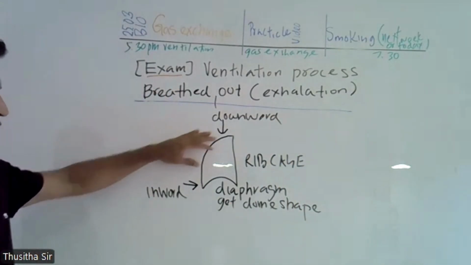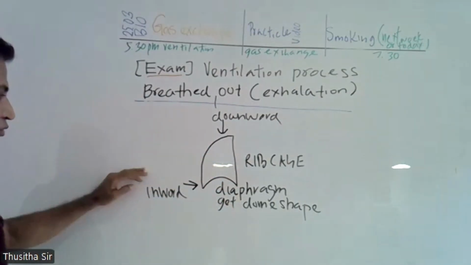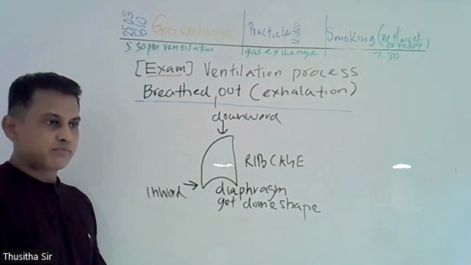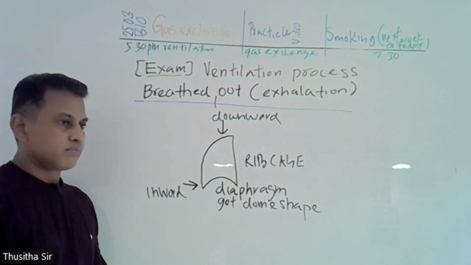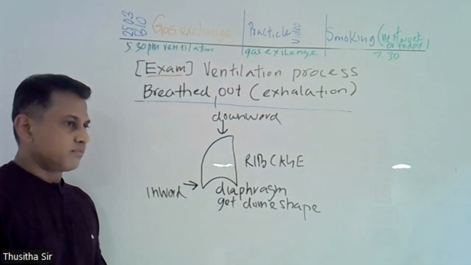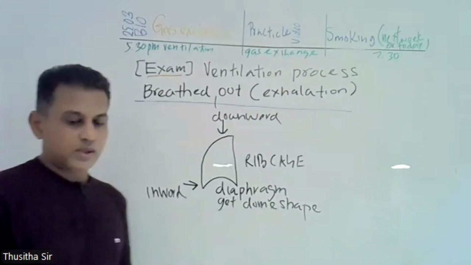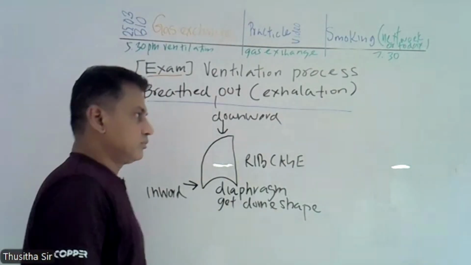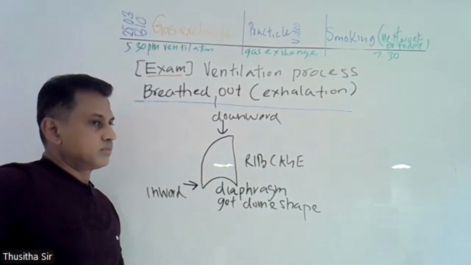So quickly you can copy the shape of the rib cage now, downward, inward, and it gets dome shape. Diaphragm.